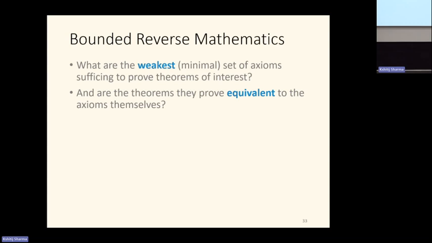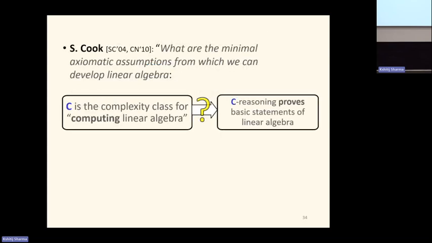And here is a very interesting idea, bounded reverse mathematics. In recent years, it has had a kind of revival. So reverse mathematics asks: what is the weakest set of axioms that suffices to prove theorems of interest, specifically of complexity? Here I've provided some work of mine, but of course there are a lot of other results that I also mentioned in other slides.